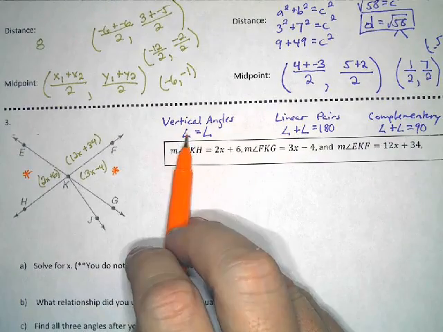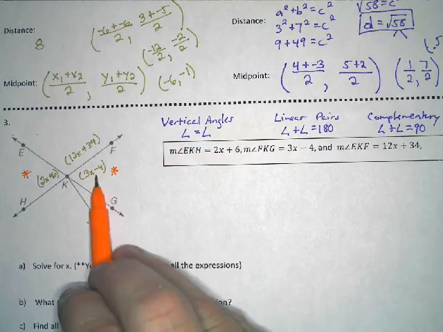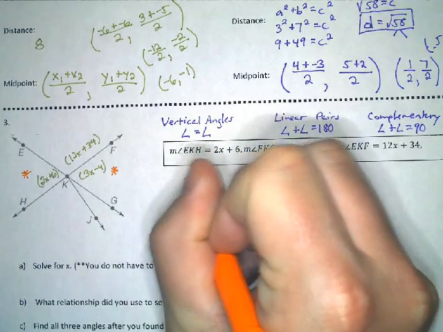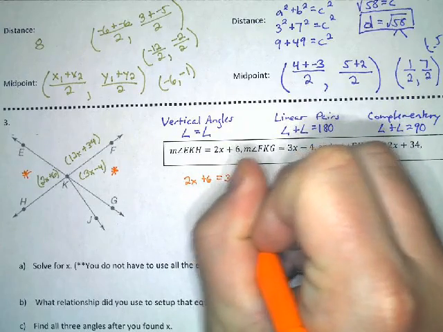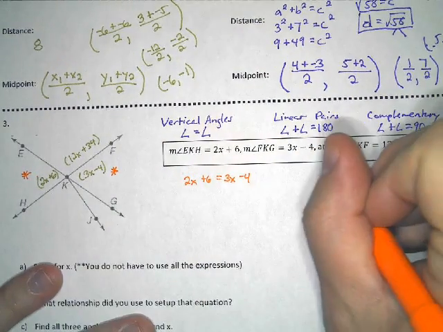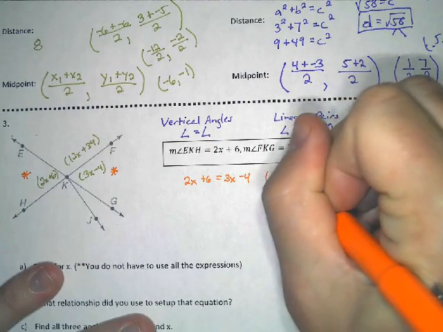So to find x, I can set this angle equal to this angle. Okay? This is because they are vertical angles.